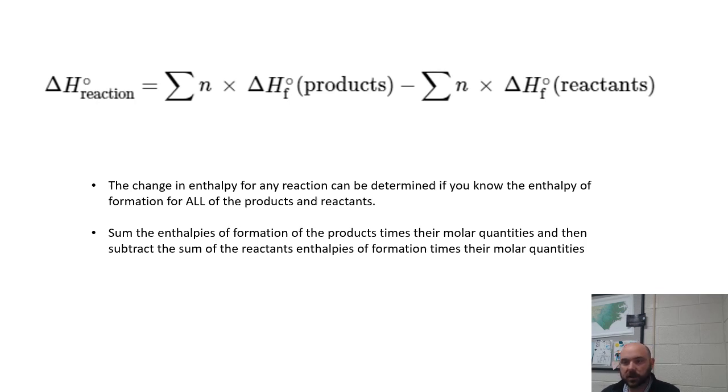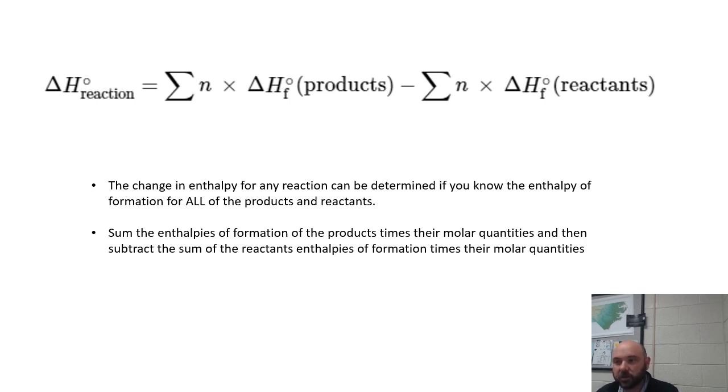So if you can look down your thermodynamic table and find each of the products and reactants for a chemical reaction listed, then you can determine the overall change in enthalpy for that reaction by this equation, which is probably a little bit less complicated than it looks.